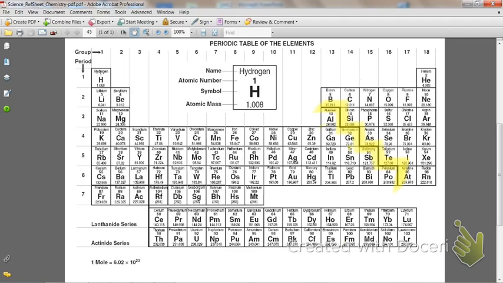The common metalloids that you need to know for this class are going to be boron, silicon, germanium, and antimony. Okay, these are the 4 metalloids that you have to basically know for the test or this class. Again, boron, silicon, germanium, and antimony, they're metalloids. They're found along the dividing line, and they have properties that are both similar to metals and nonmetals.